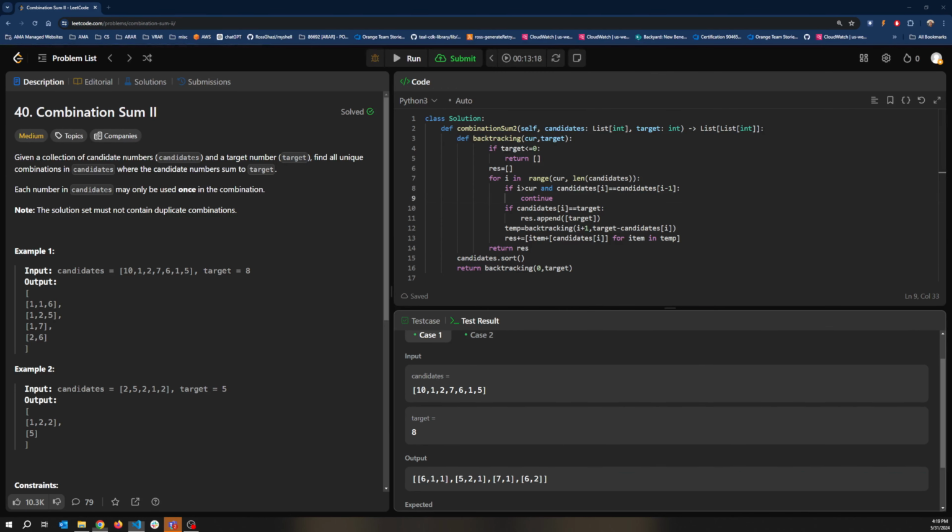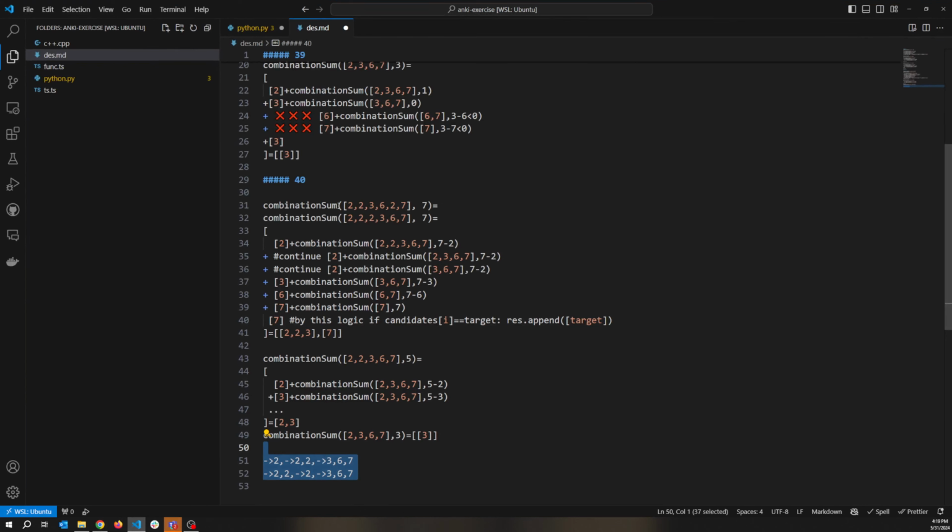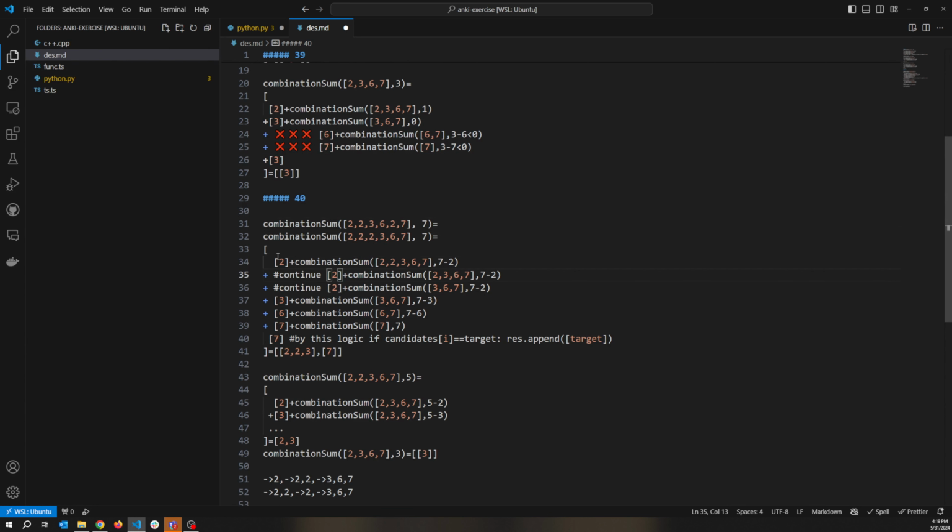Now it's working. Basically, what's the logic here? Let's say we have 2, 2, 3, 6, 2, 7. First we are going to sort it, and then we are going to say it's same as above. We are going to say it's combination of 2. What the difference is, before we were including all of that.